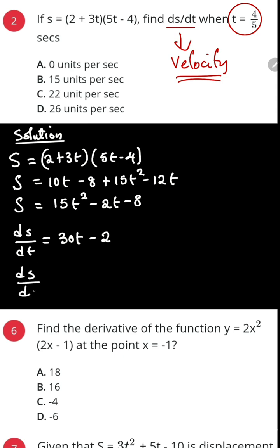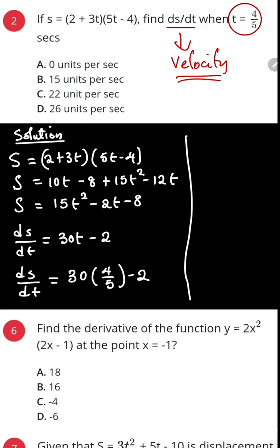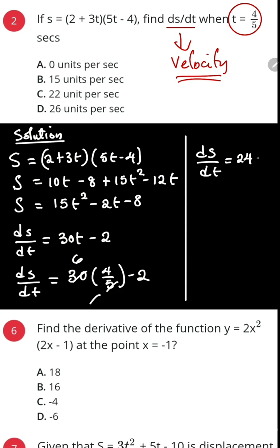So ds by dt equals 30 into 4/5, then minus 2. Here 30 divided by 5 is 6, and 6 times 4 is 24. So I have 24 minus 2, and this is going to be 22. Since it's velocity, that is why you see the unit per second. Because the unit is not mentioned there, we just pick 22 units per second. Once you see 22, you know that you're okay with the answer. So that is how to do this. Then let's move to the next question.